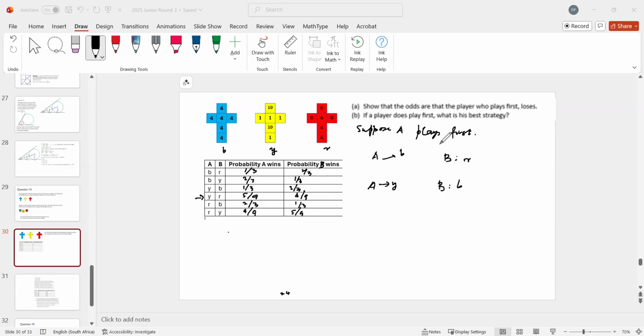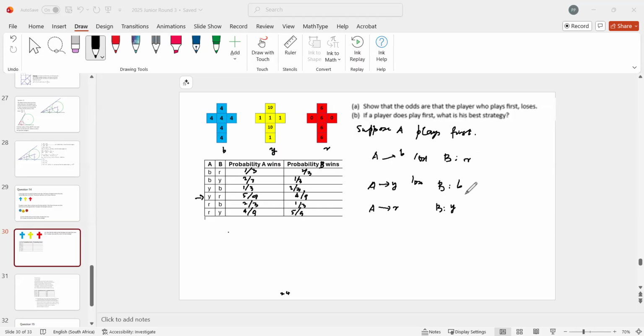So A loses here as well. So you see, B has got a choice. And if A chooses the red, then the 4/9 is smaller than 5/9. So B will choose yellow.